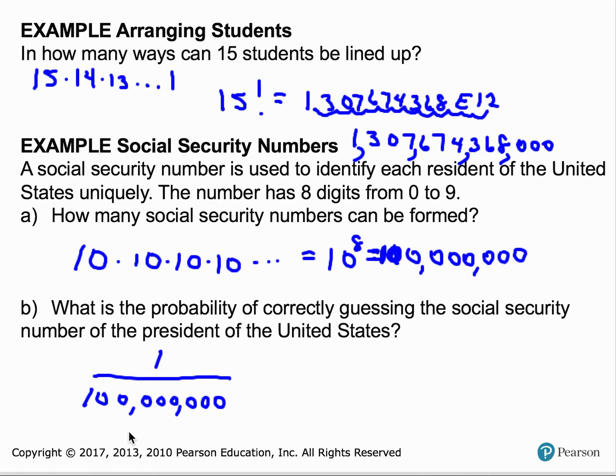Okay, and actually, I don't know if that's a typo or not, but there's 9 digits in a Social Security number. So really, if this was an accurate problem, we'd have an extra 0 on that.